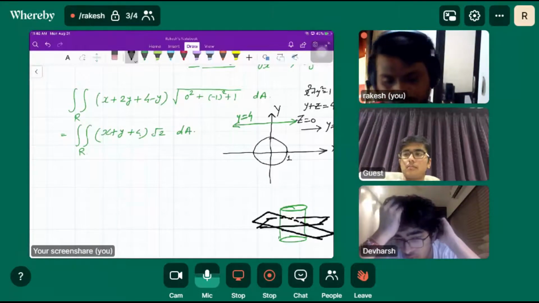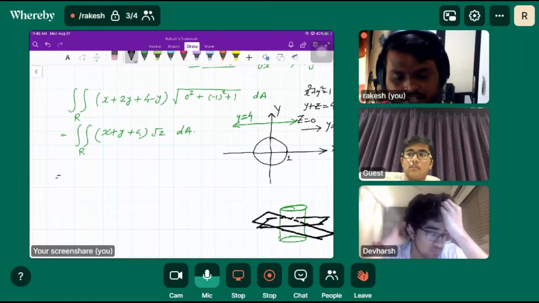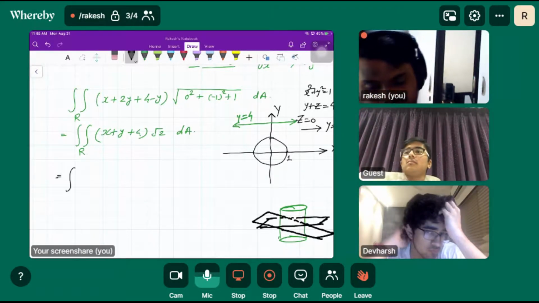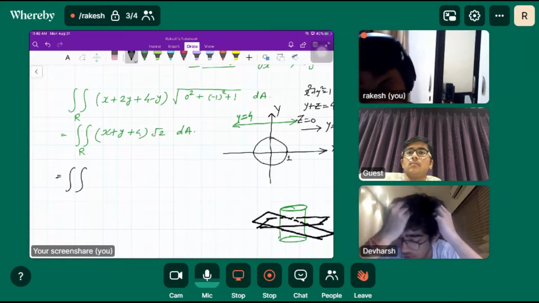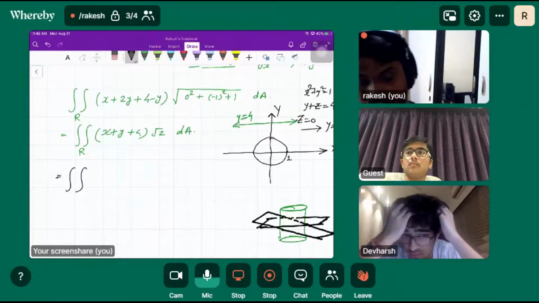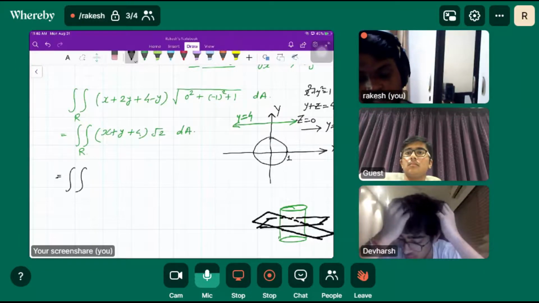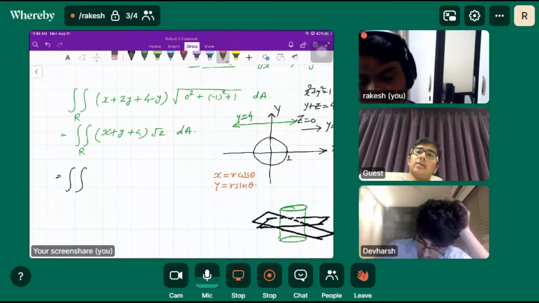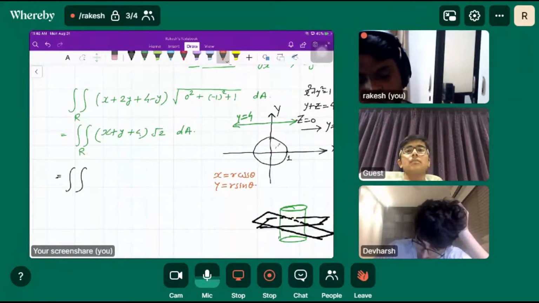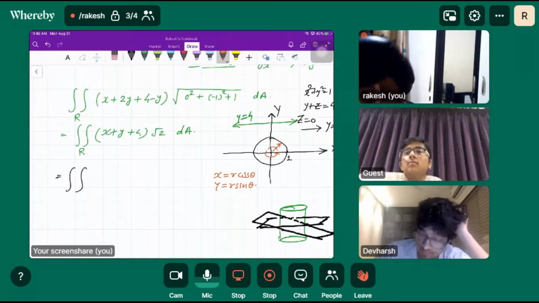Okay, so can you solve this now? Can we set up the double integration? Yes, I converted it into polar form. So x is equal to r cos theta, y is equal to r sin theta, r goes from 0 to 1 and theta goes from 0 to 2 pi.